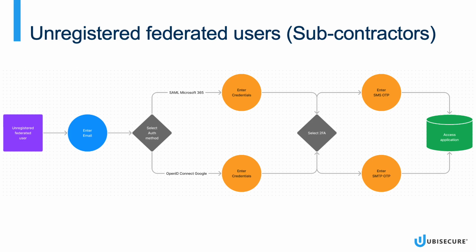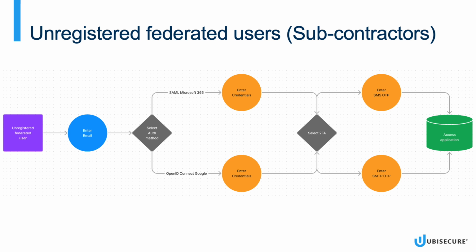The third user group, unregistered federated users. This might be the subcontractors or partners of Sweco, for example, if they want to have quality assurance of the architectural drawings that they provide to Skanska. They might hire some consultants that come in once a month, once every quarter to verify that they are okay and appropriate.